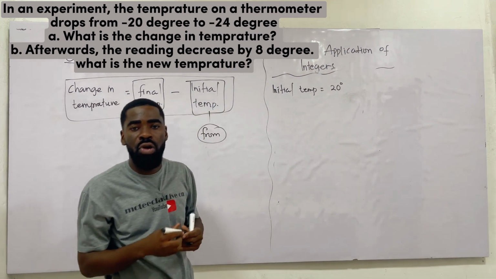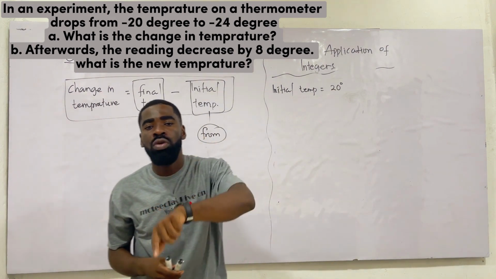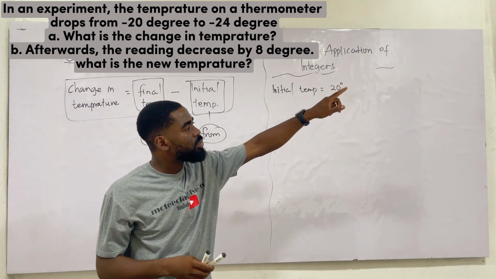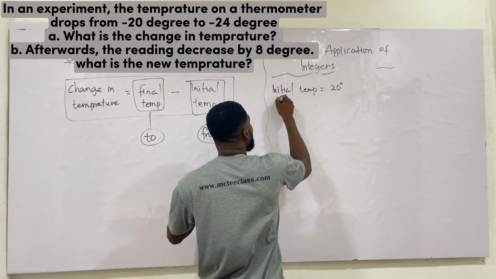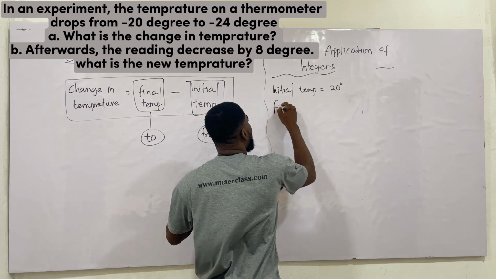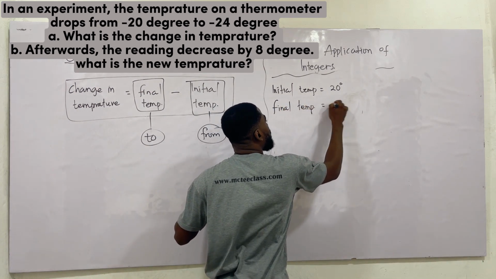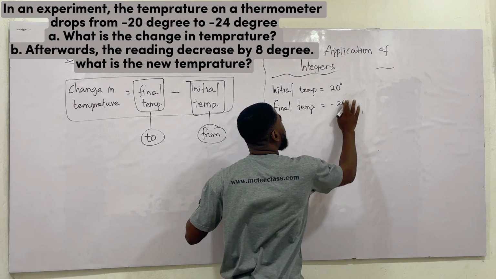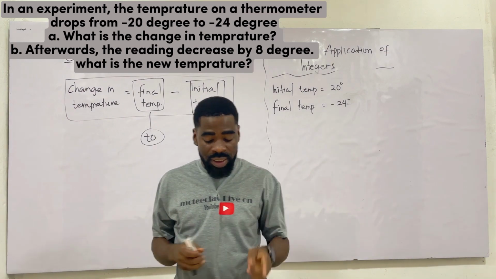Degrees. Dropped from, and here's the point I'm making, to minus 24. So the final temperature equals negative 24 degrees. How do I know this is my final? The question says to.